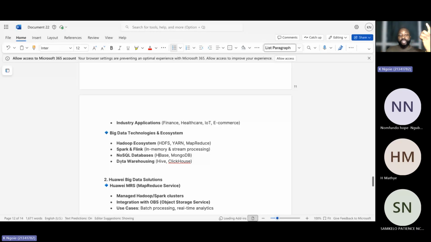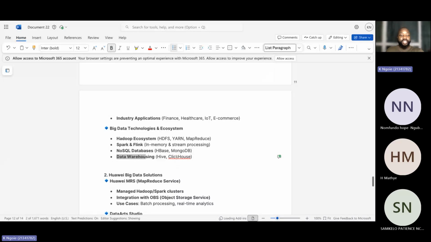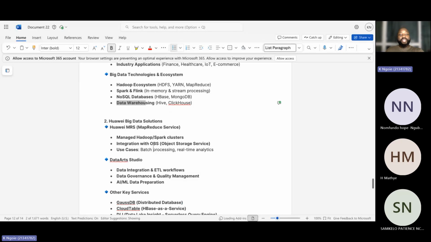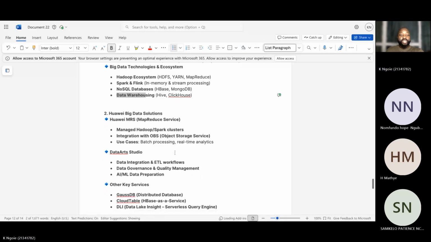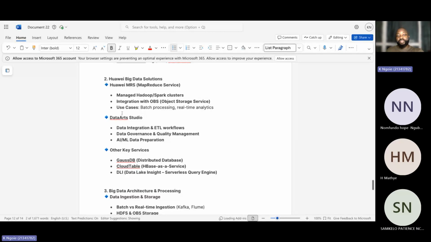And then we also mentioned databases such as Hive, which are using SQL queries, but these are classified under data warehousing. Okay, so we have Hive and ClickHouse. And then we had the Huawei Big Data Solution, MapReduce, and these are just Huawei products.